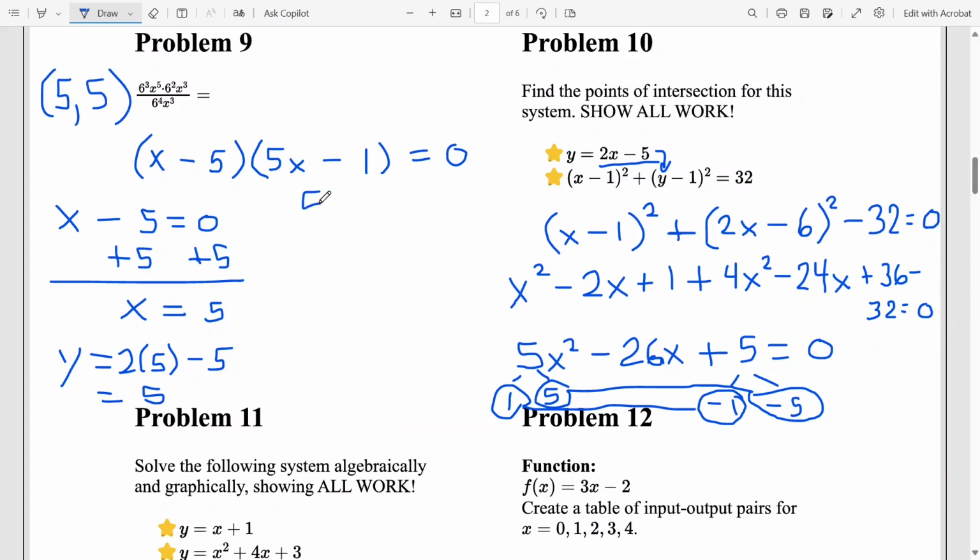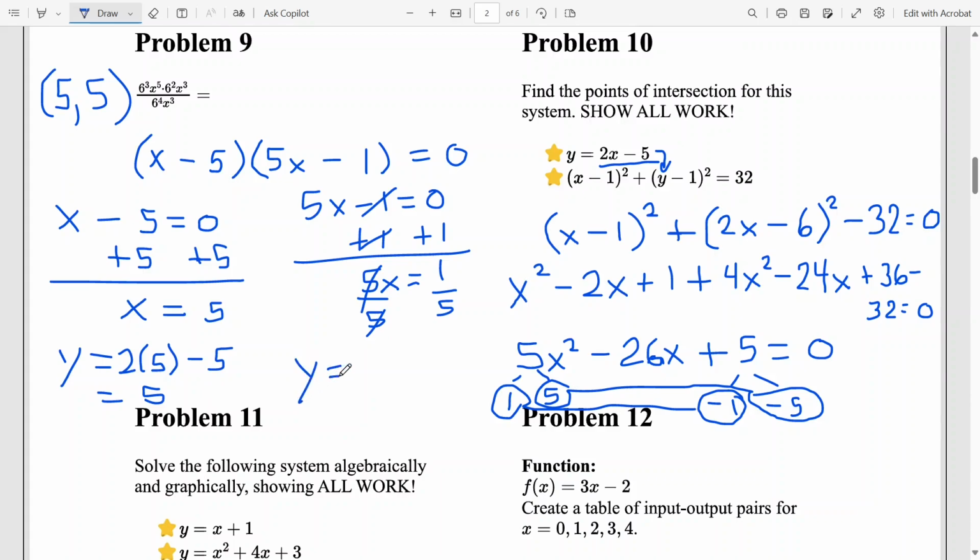Okay, we also have 5x minus 1 equals 0. So add 1. These cancel. We get 5x equals 1. Divide by 5. So x equals 1/5. y equals 2 times 1/5 minus 5, which is 2/5 minus 25/5, right?